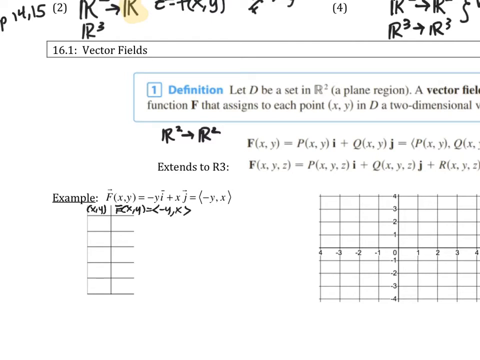So for instance, if I put in 2, 1, x is 2, so that goes here. Y is 1, so that goes here, negative 1.